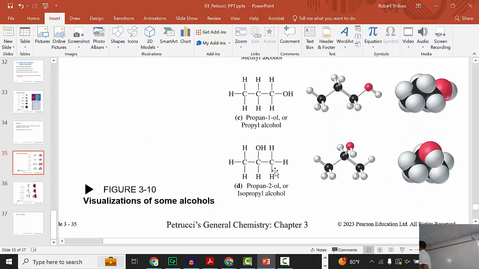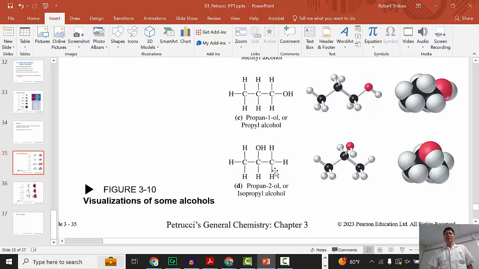Over here, this is called propane-2-ol, or it's called isopropyl alcohol. Isopropyl alcohol has this little fish tail. That's called the isopropyl group. It's a propyl group where we bond to the middle carbon, not the end carbon. If we bond to the end carbon, then we just call it propyl. If we bond to the middle carbon, we call it isopropyl or 2.